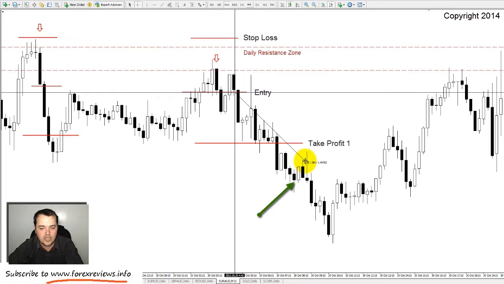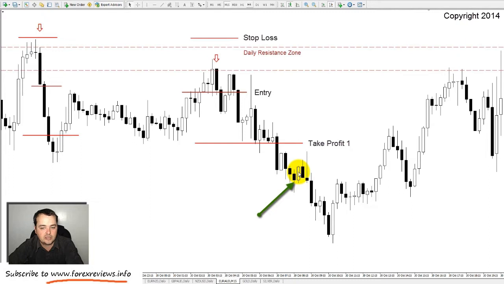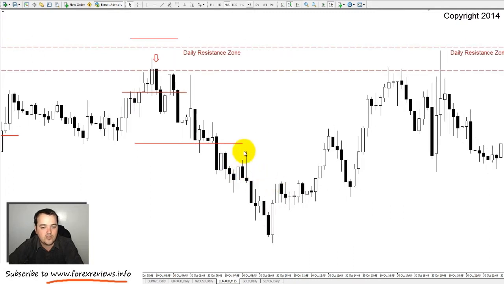About 28 pips, and you got 20 pips on the first position. This being the exit candle. Now, if you had held on a little bit longer, this is where another exit candle was, and so was this.